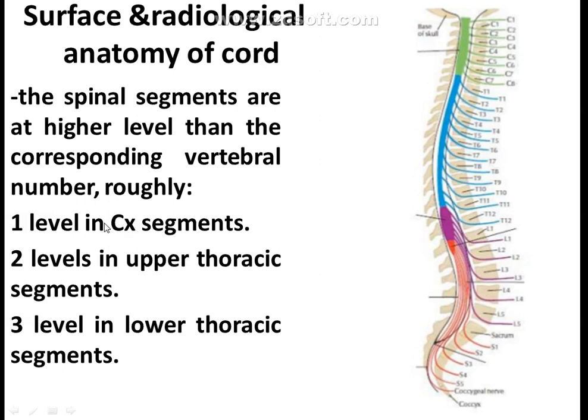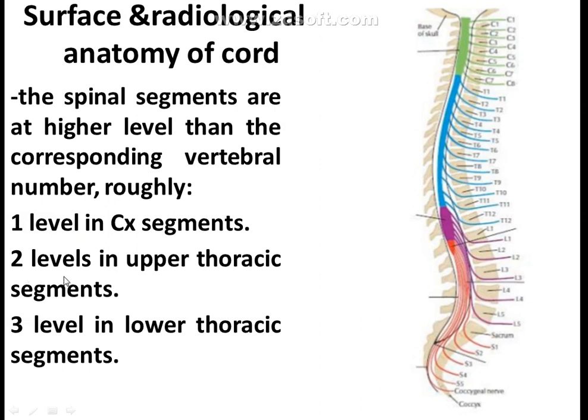We can say roughly that in the cervical segment, the difference between the segment of the spinal cord and the vertebra of the same number is a difference of one level, which means that in the cervical region, the C3 cervical nerve or segment of the spinal cord is lying at the C2 vertebra. It is higher. And in the thoracic region, the difference is 2 levels.